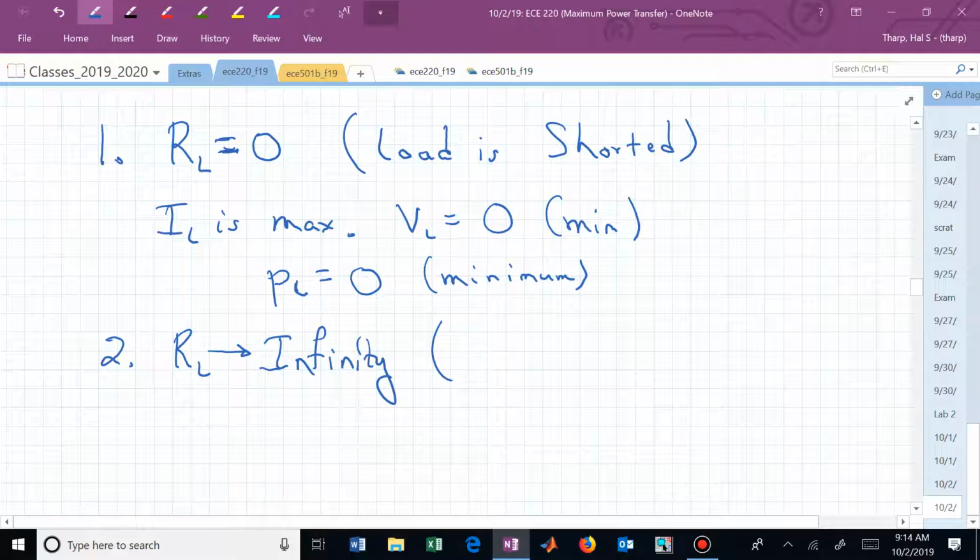We're opening it up, removing it completely. Now we have an infinite load being connected, in quotes, to the system or the source. So in this case, the load is opened or removed.